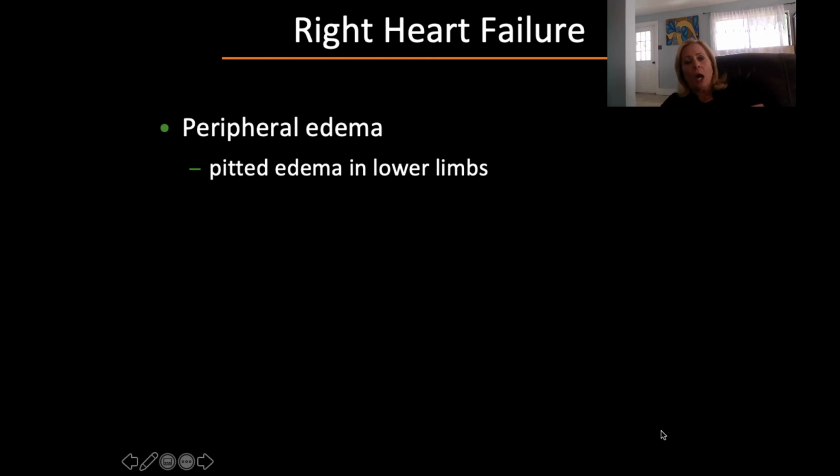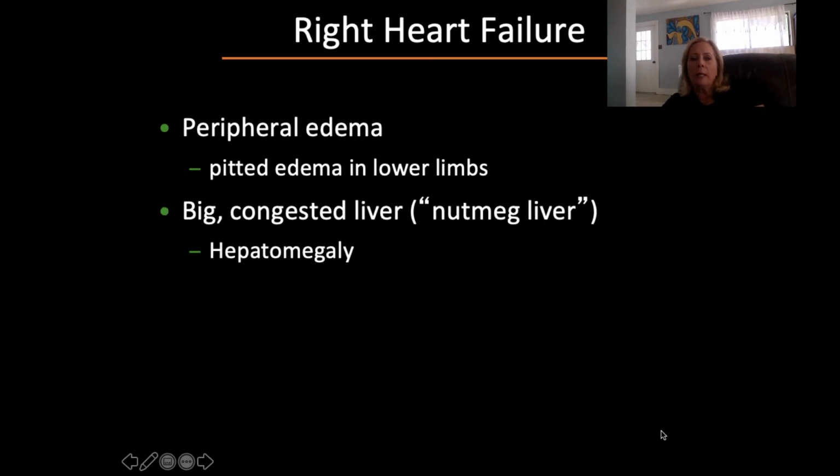So again, we talked about the fact that right heart failure can lead to edema throughout the body, and this is what we call peripheral edema, and that can lead to pitted edema in the lower limbs. And so what happens with pitted edema is you have the swelling, let's say like in the legs, and you can take your finger and push into somebody's calf, and when you push into their calf, there's a little pit that occurs.